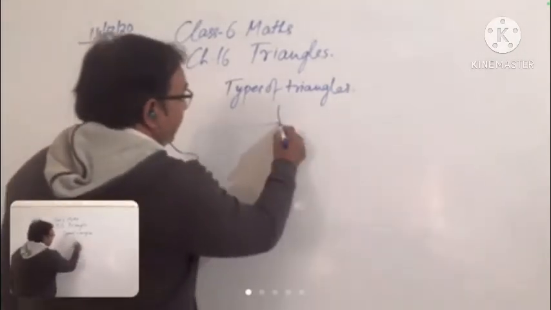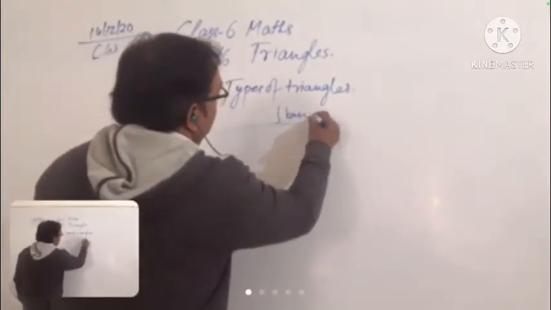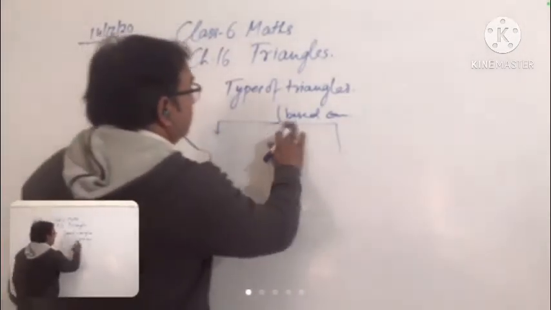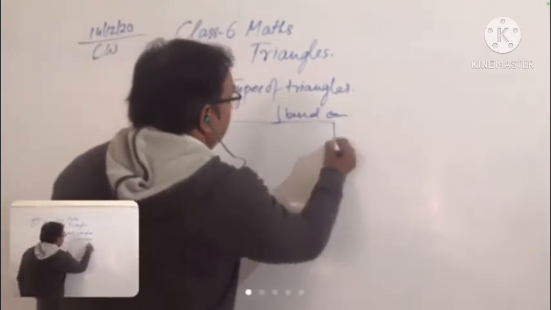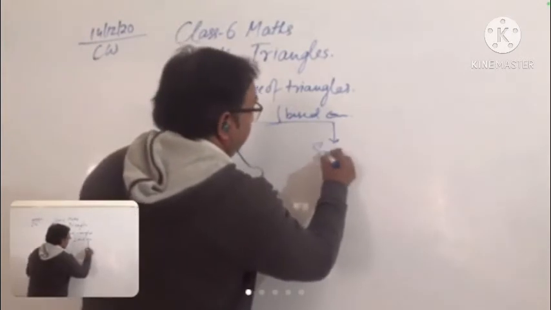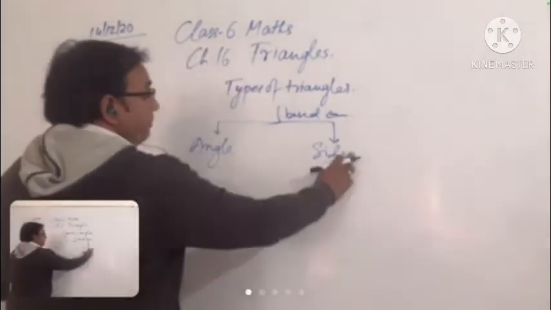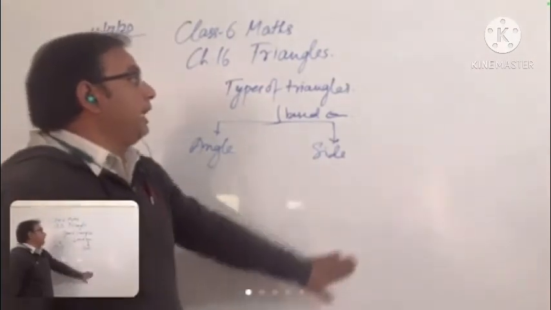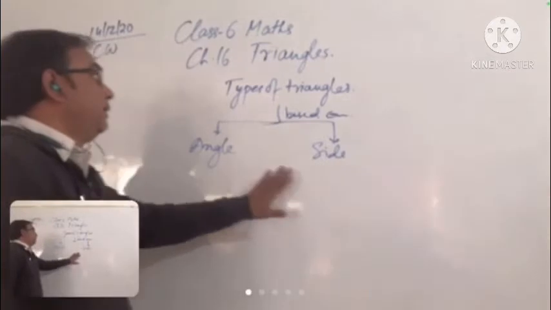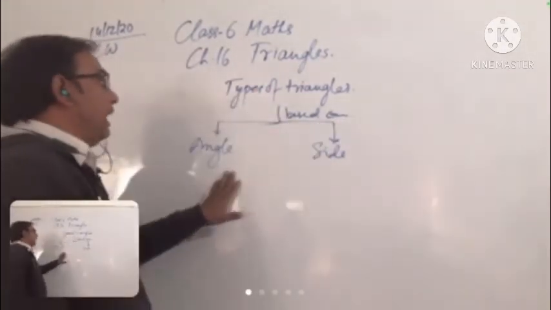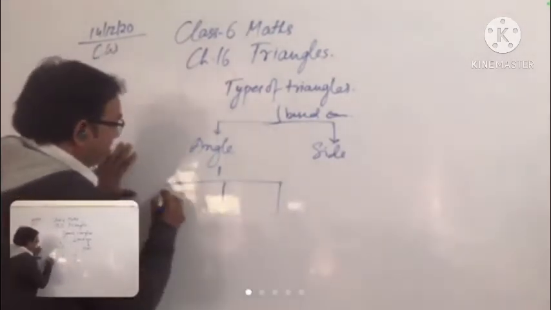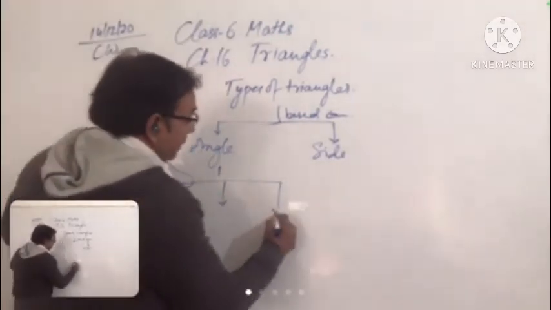Now let us discuss the types of triangle. Basically, types of triangle are based on their angles and sides. Means we can classify triangles by their angles and sides differently.